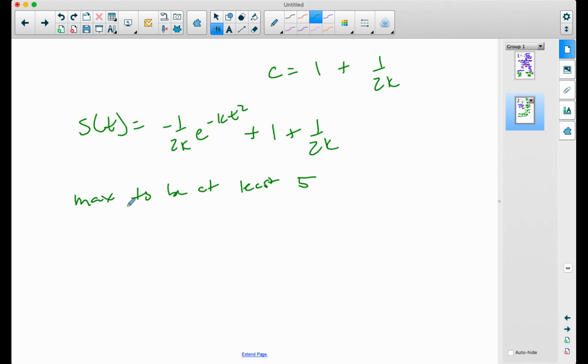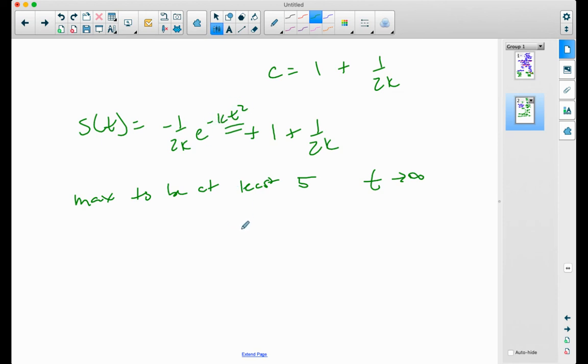We want the maximum to be 5 or larger. The maximum of this function happens when this value here gets really large. So as t goes off to infinity, then we hit our maximum. We want those values there because that will then eliminate this value because it's making it smaller and smaller. And so this makes this basically 0.